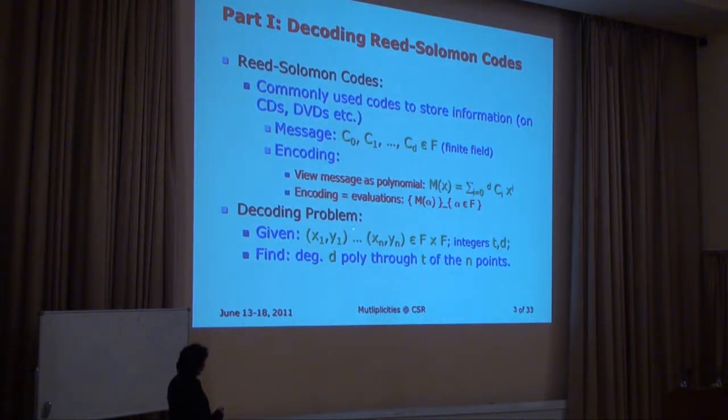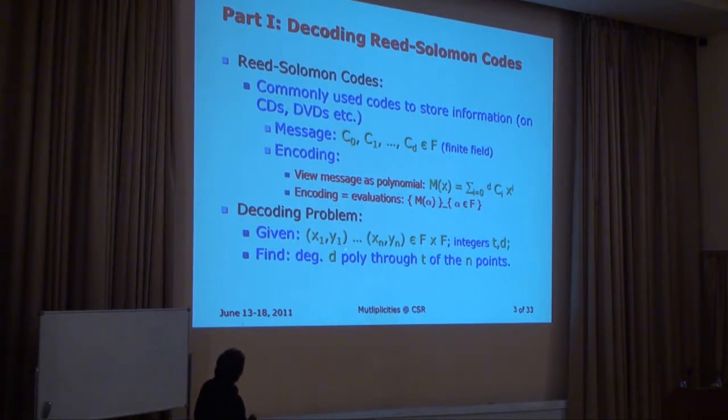The decoding problem is the problem that arises naturally when you think about using these codes and then some of these bytes or field elements that you write down get corrupted. So you wrote down m of alpha for every alpha in the field. What you see is m of alpha for most alpha and some arbitrary values for other alphas.